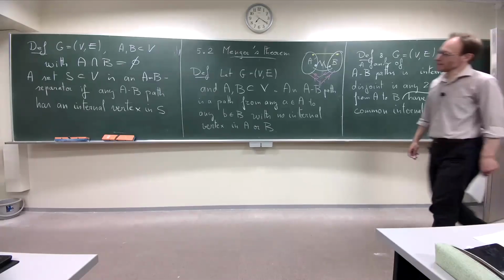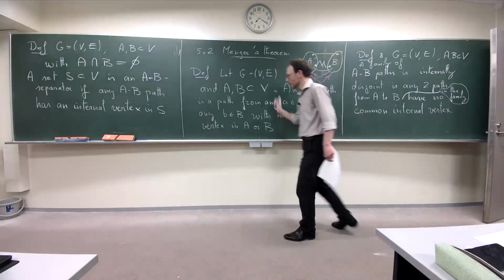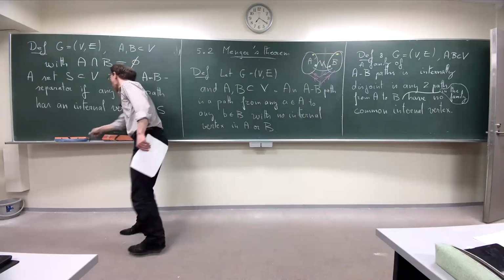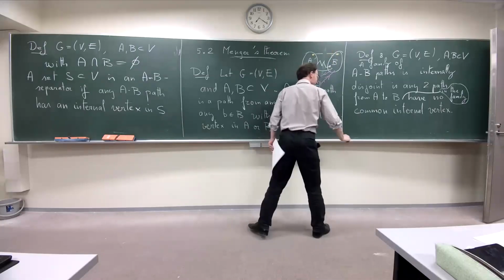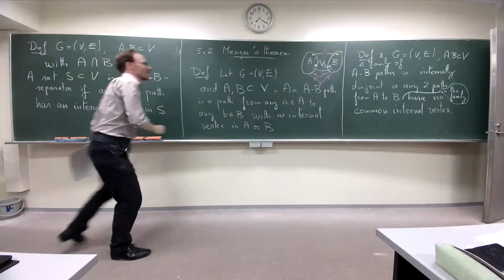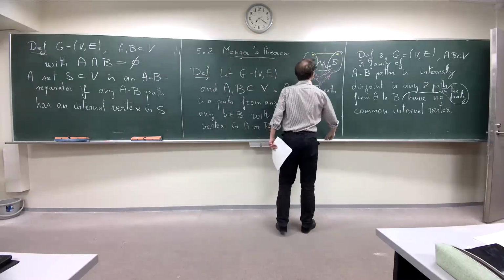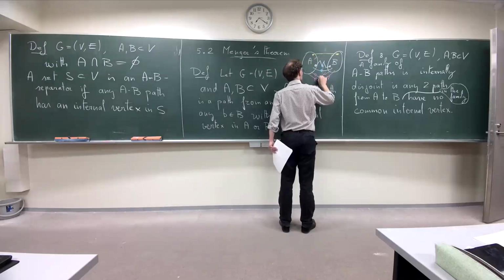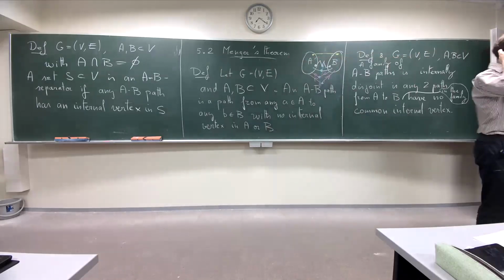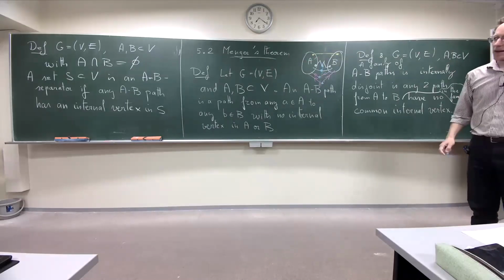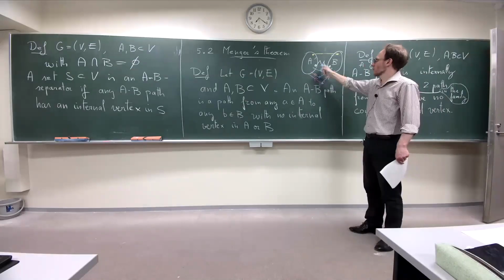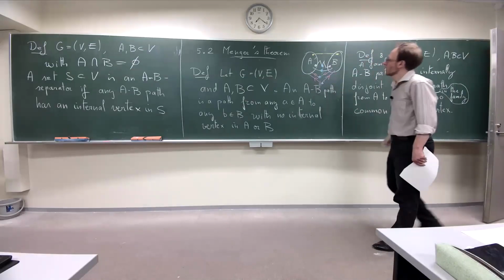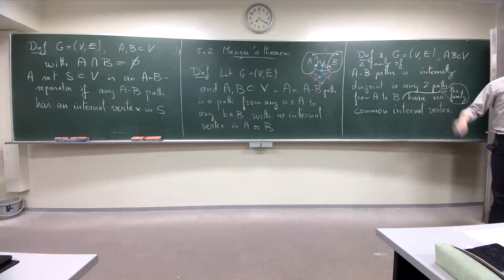A set is going to be a separator if... let me just draw. This is a bad guy. The bad guy annoys me, so let's keep the bad guy here. But this one, this one, this one, and this one, the blue guys, it's not unique, but it's going to be a separator because all paths from A to B have an internal vertex in this blue set.